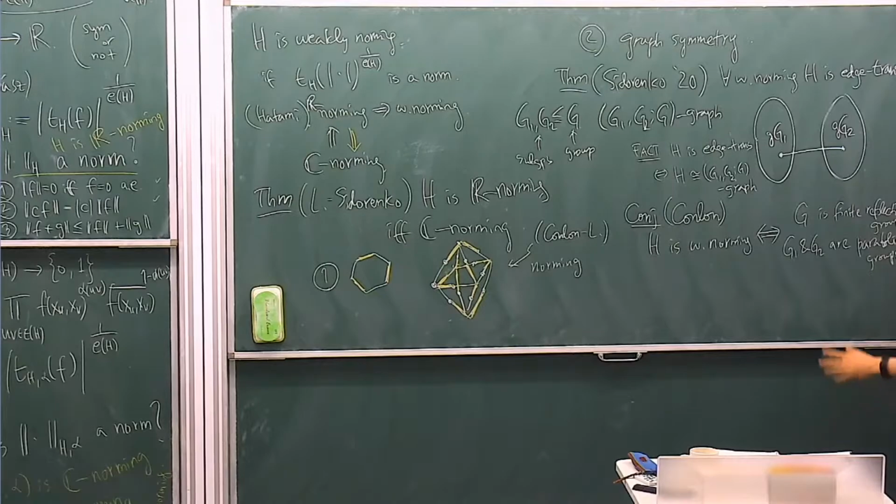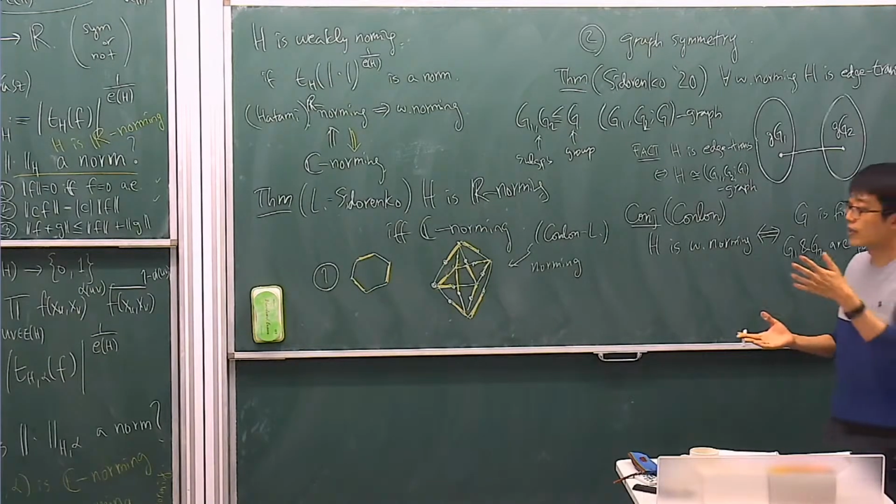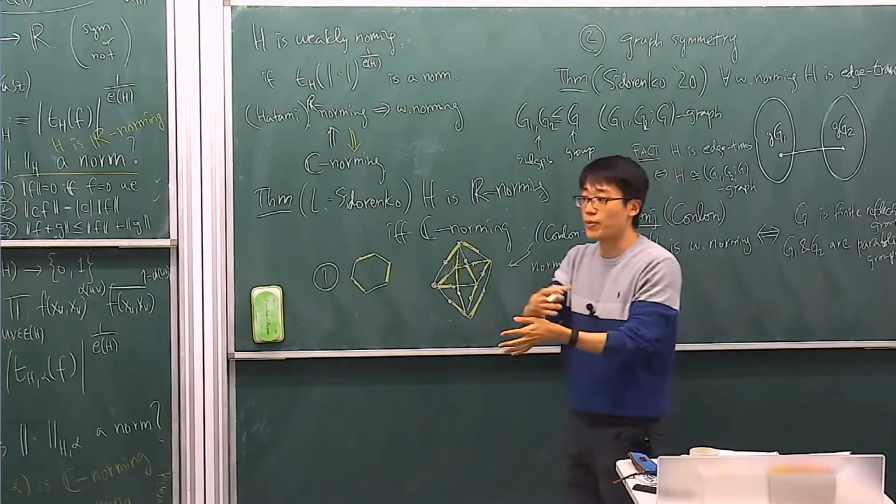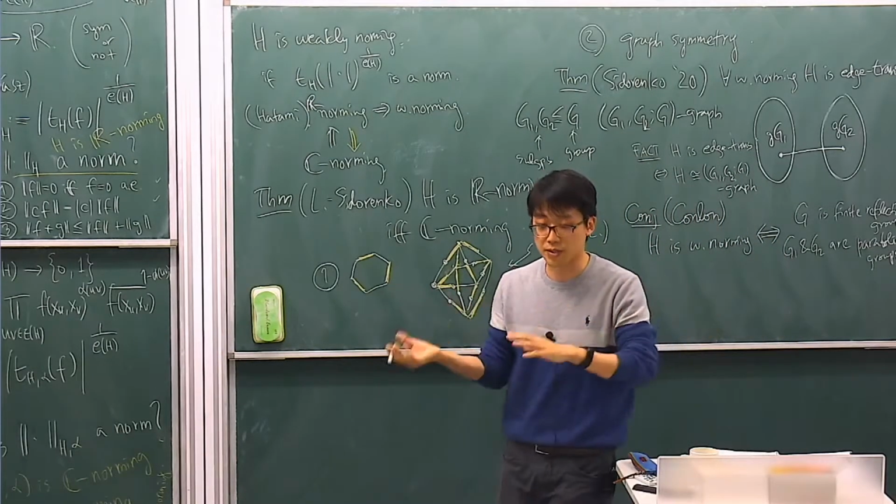Let me just give you a long story short. In finite reflection groups, we have a full classification, okay? And there are standard generators of a finite reflection group, which we call simple reflections. When you think about geometry, these are just a bunch of hyperplanes that represent reflections.